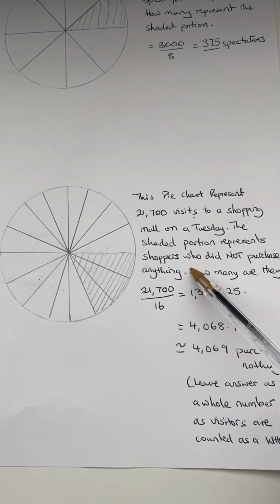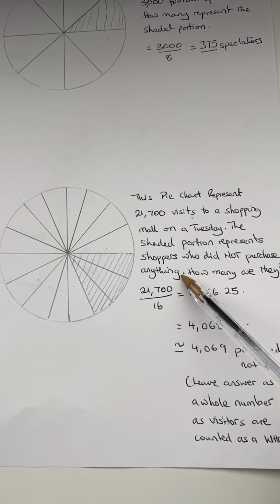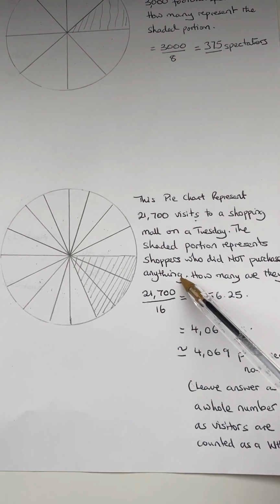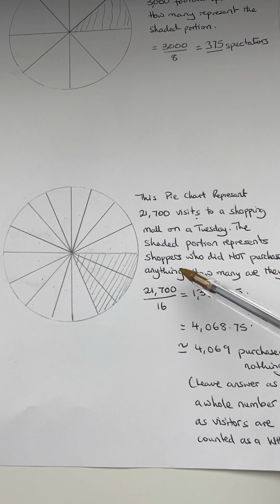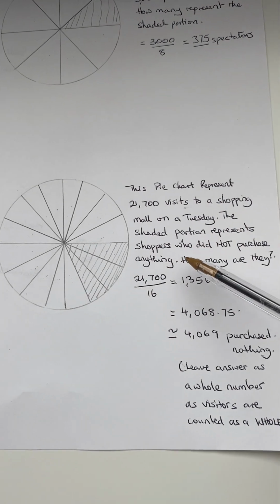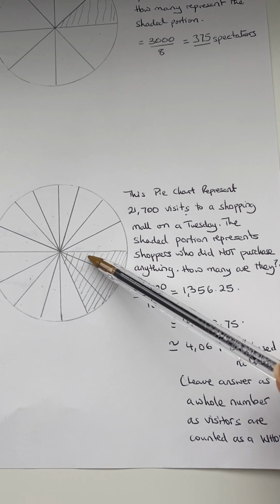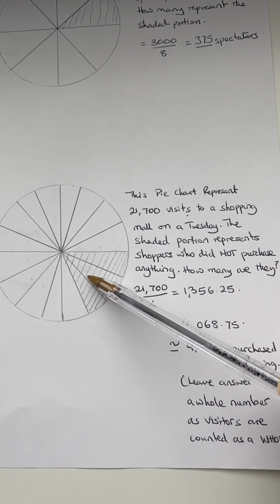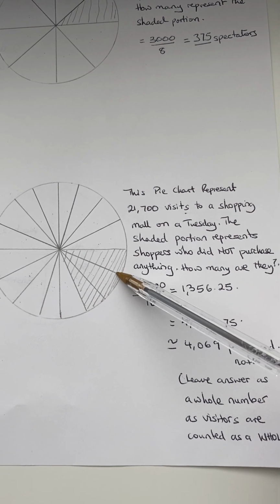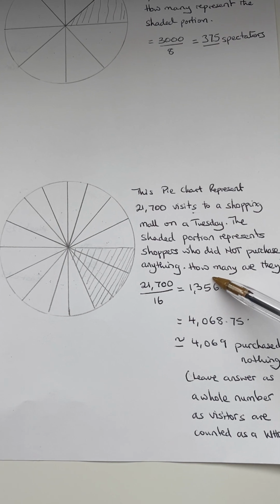So maybe there's a scan in front and at the back of the shopping mall that sees people who are coming through and people who are going out. And then they realize that this amount of people came in, but they didn't shop and buy anything.